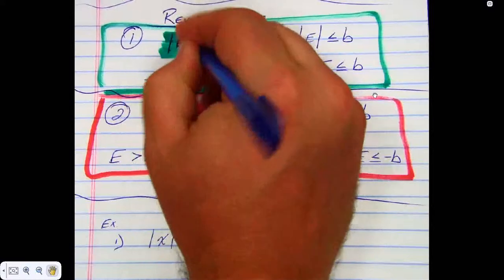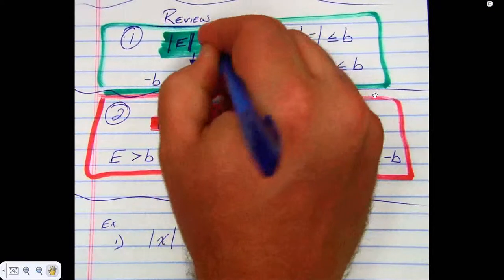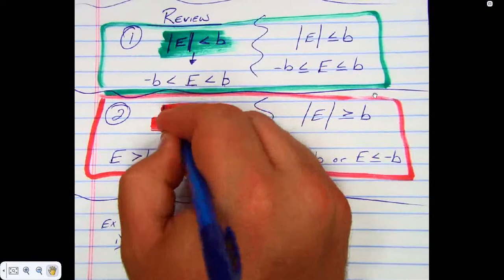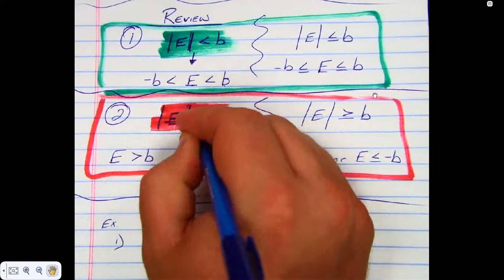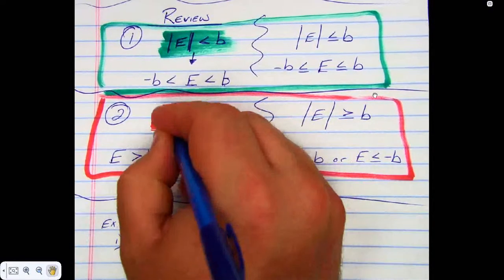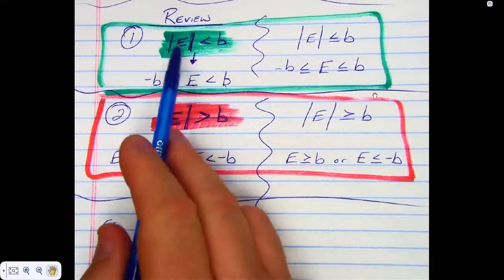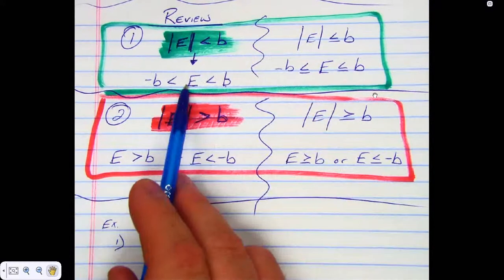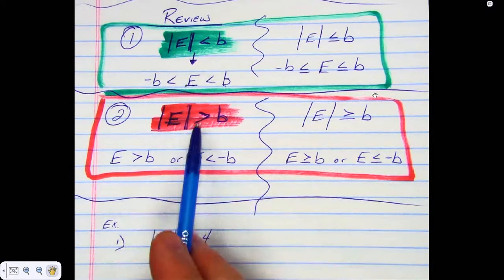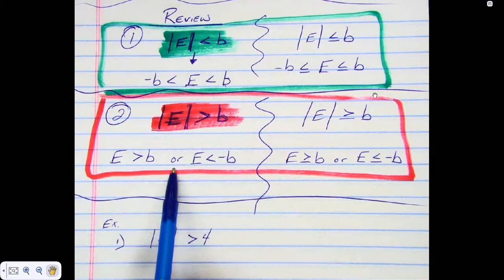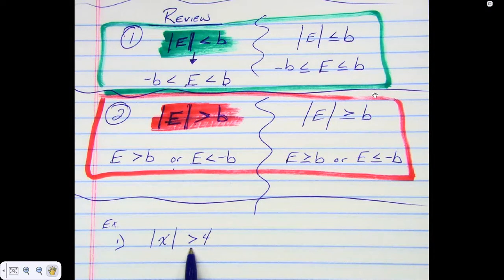And what's the difference between the two, guys? The sign. If it's less than, with your absolute value on the left, you break it up like this, right? If it's greater than, you break it up like what? What do we have here? Greater than or less than?